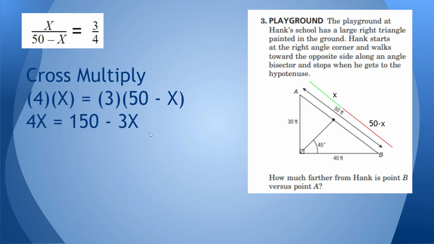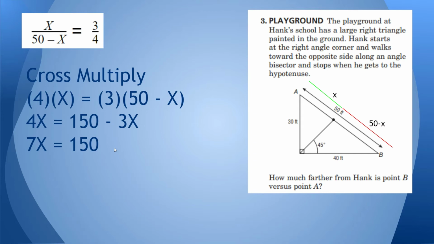All right. Then we want to combine our like terms, so we want to get this minus 3x on the other side. The way we'll do that is by adding 3x to both sides of the equation, and we end up with 7x equals 150. Then to get x alone, we have to divide both sides by 7, so we'll end up with x equals 150 divided by 7.